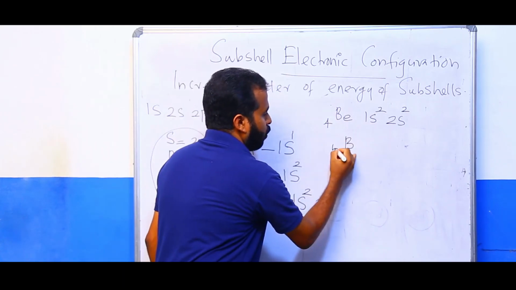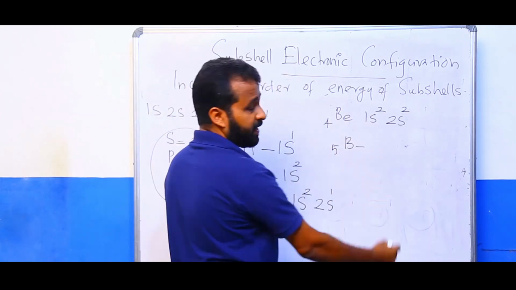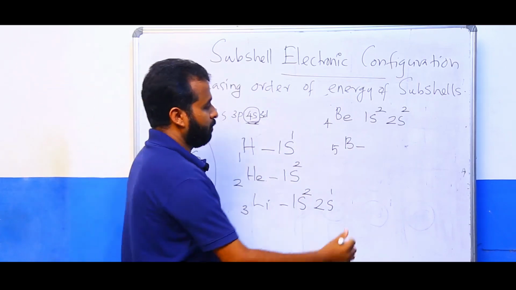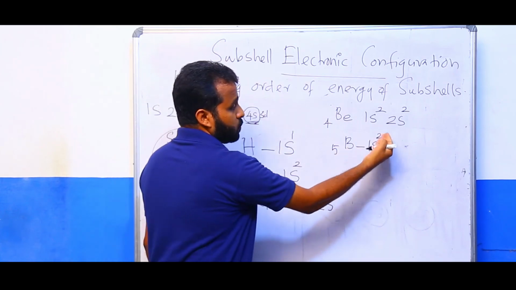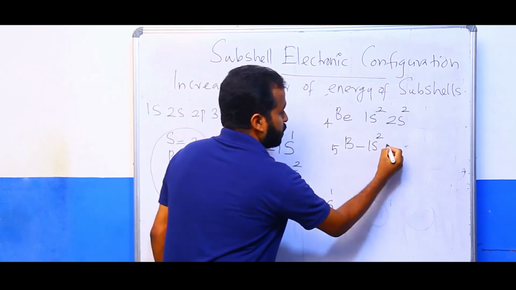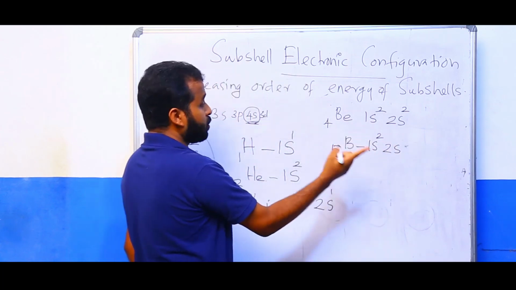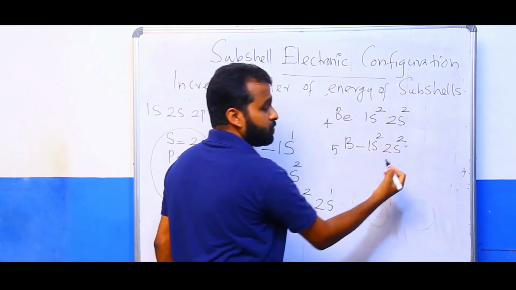One more example. The next one is boron with atomic number 5. How to write the subshell electronic configuration? Okay. 1s2. We have 5 electrons; 2 electrons go to the 1s subshell. Then 2s3? Not 3, because s can accommodate a maximum of 2. So 2s2.